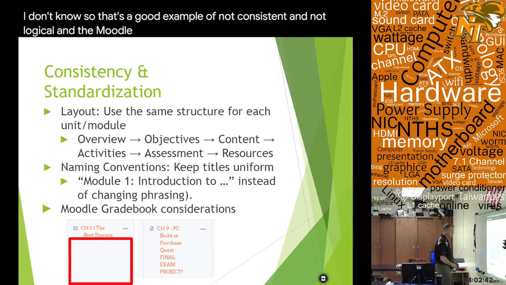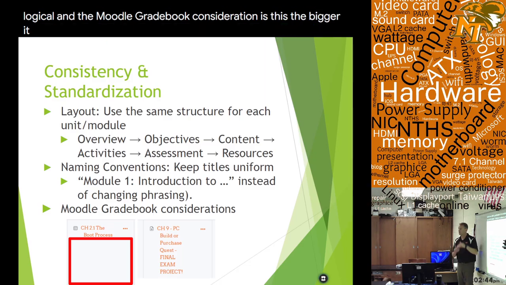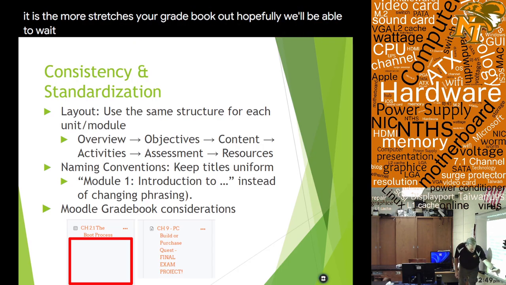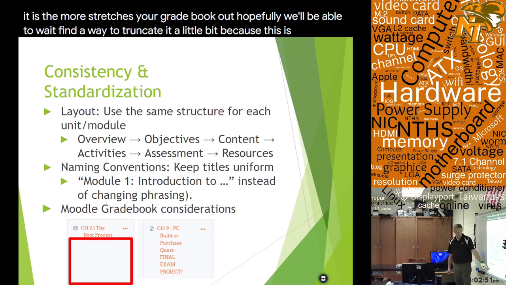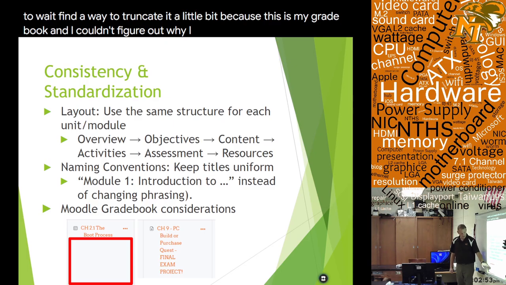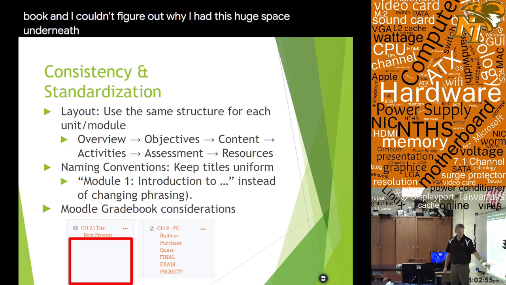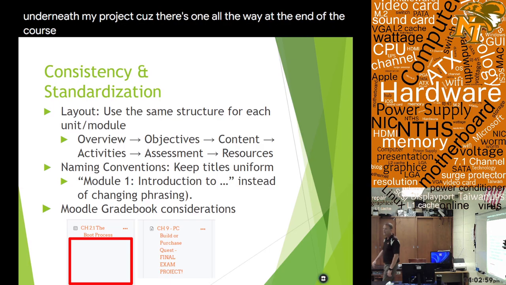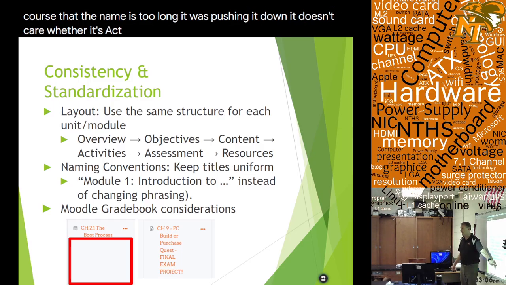And the middle grade book consideration is this: the bigger it is, the more it stretches your grade book out. Hopefully we'll be able to find a way to truncate it a little bit, because this is my grade book and I couldn't figure out why I had this huge space underneath my project, because there's one all the way at the end of the course that the name is too long. It was pushing it down. It doesn't care whether it's active or not.